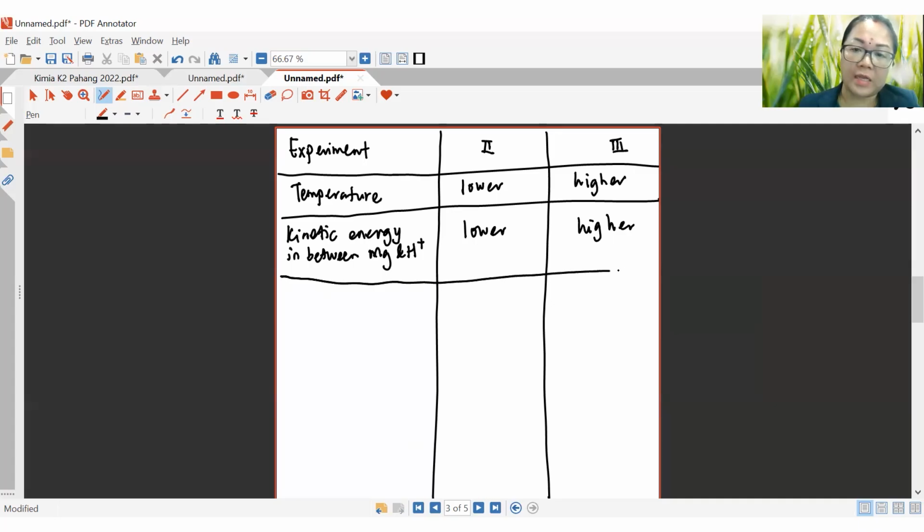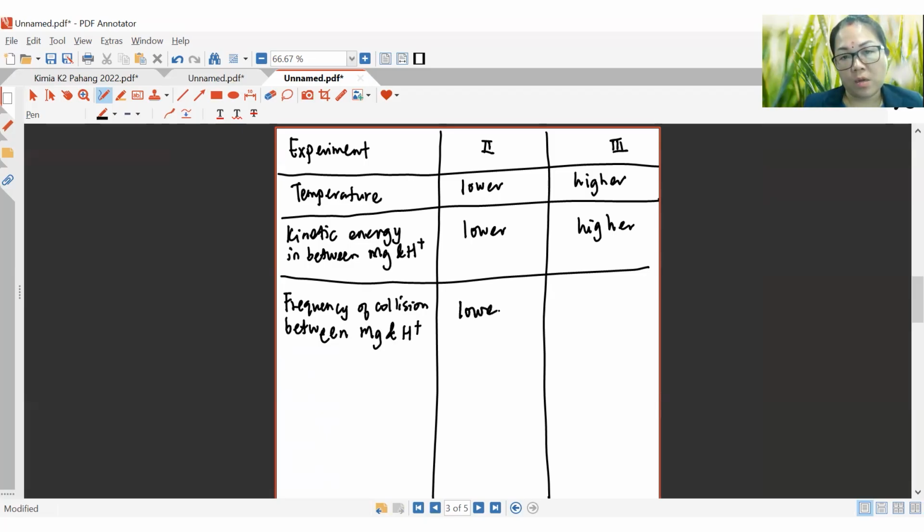When the kinetic energy increases, in another way, frequency of collisions between Mg and H plus, this one will be lower, this one increased.